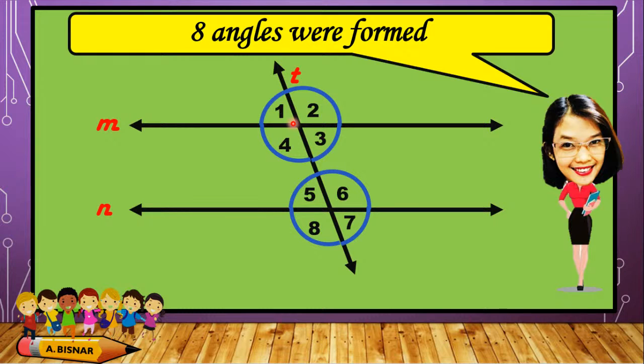Now, today, we're going to study the relationship of every angle to one another. So, as you observe, it has something to do with our lesson last week, which is about vertical angles and the linear pair. And you just have to use what you have learned from that lesson.